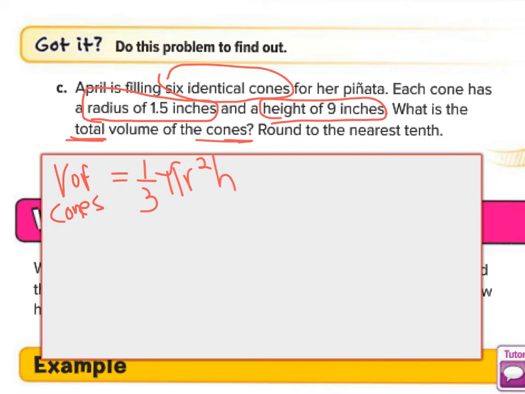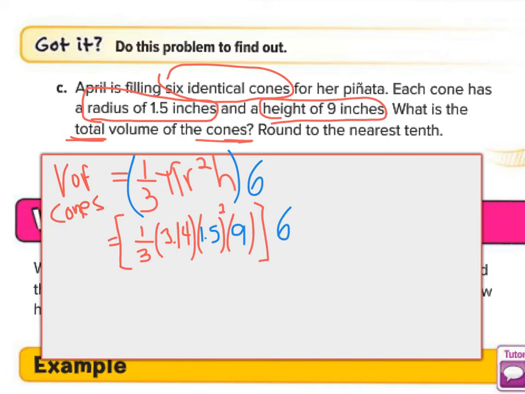We have to multiply this entire equation by 6. So there's 6 of them, correct? So that would be the more correct formula. Let's go ahead and replace our variables. And we have something that looks quite complicated, but I think you are able to follow. We have nested parentheses because I'm using brackets to multiply, so I needed to use the square brackets to replace these ones, right?